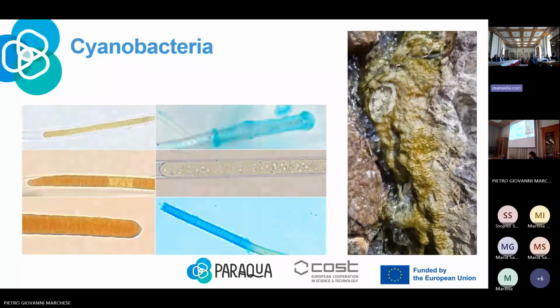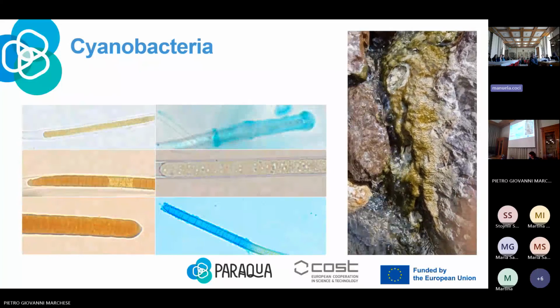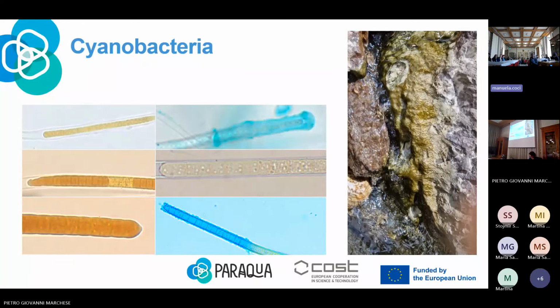And we successfully isolated some filamentous strains. We also stained them with Alcian blue, and I included those photos to show you the exopolysaccharides that a lot of cyanobacteria can produce, especially in extreme habitats.